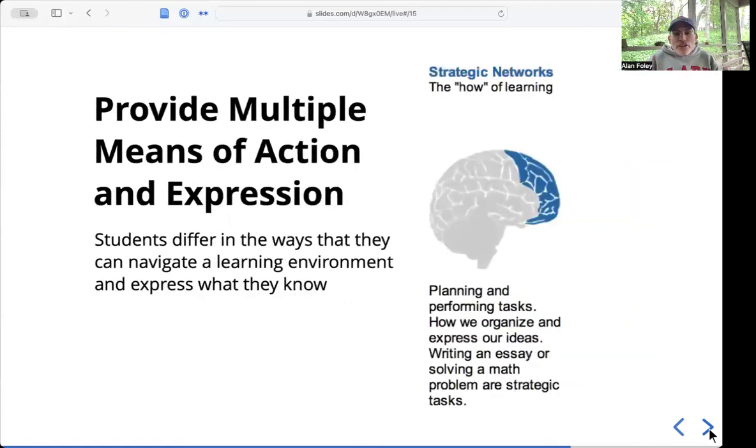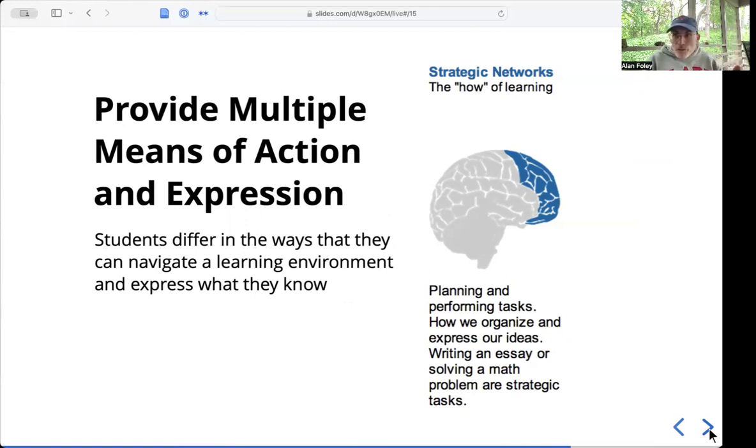Providing multiple means of action and expression. This is a way of saying, how can students navigate a learning environment and express what they know? How can they engage, and how can they navigate, and then also how can they show you what they've learned and talk about what they've learned?